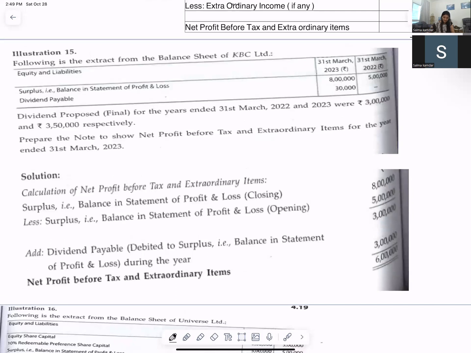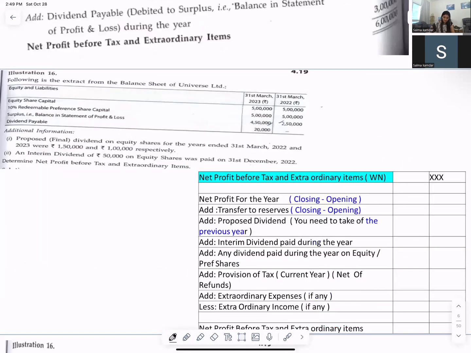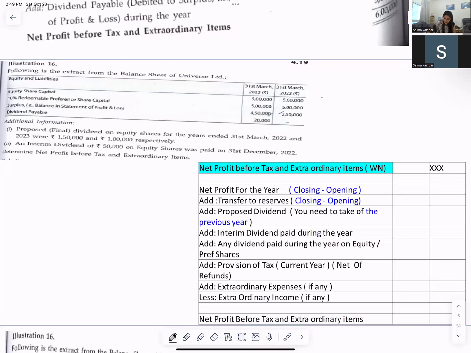I have been given the extract of the balance sheet. This is the last year and this is the current year. Are you with me? This is the last year and this is the current year.